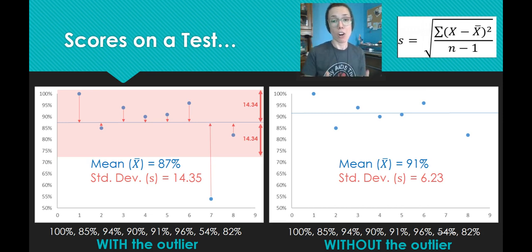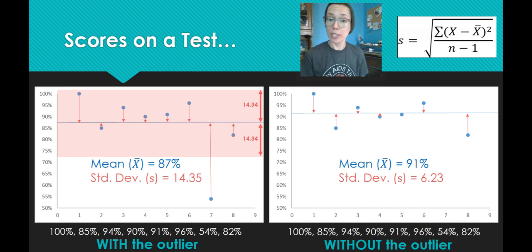So it's giving us a range of how much those numbers are varying.